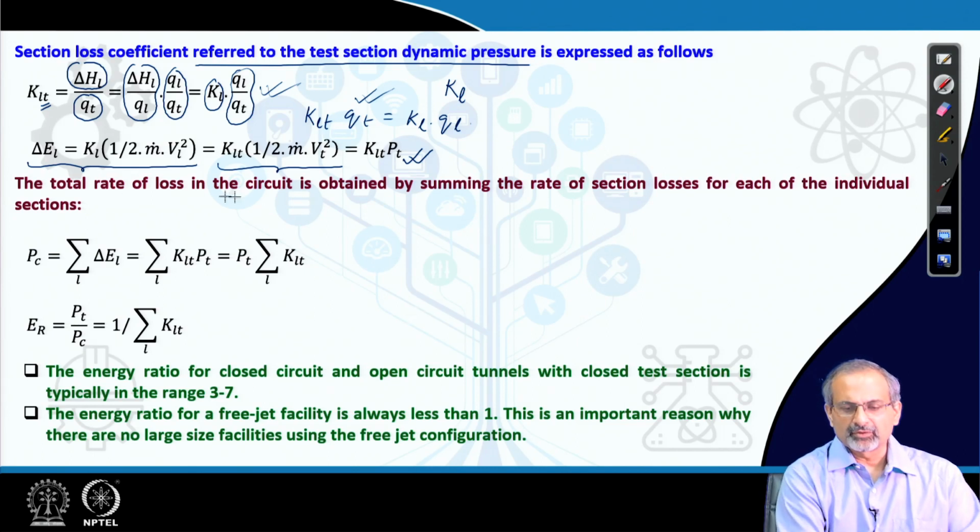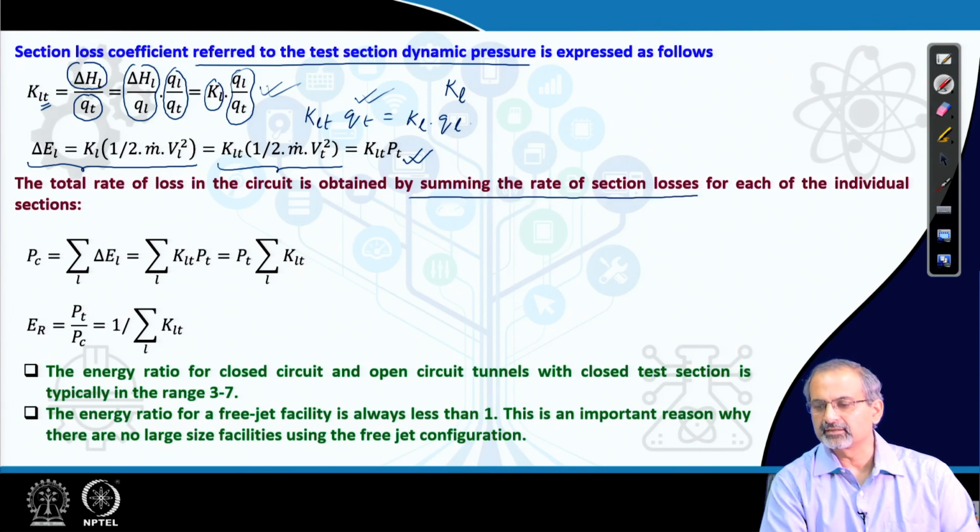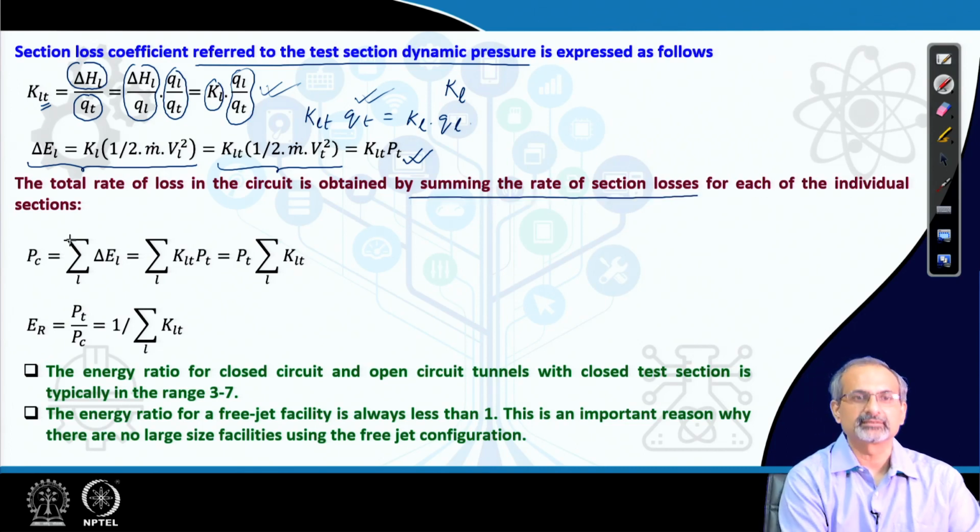The total rate of loss in the circuit now is obtained by summing the rate of section losses for each of the individual sections. So, we take a sigma over all the local sections. So, that summation of KLT into PT.